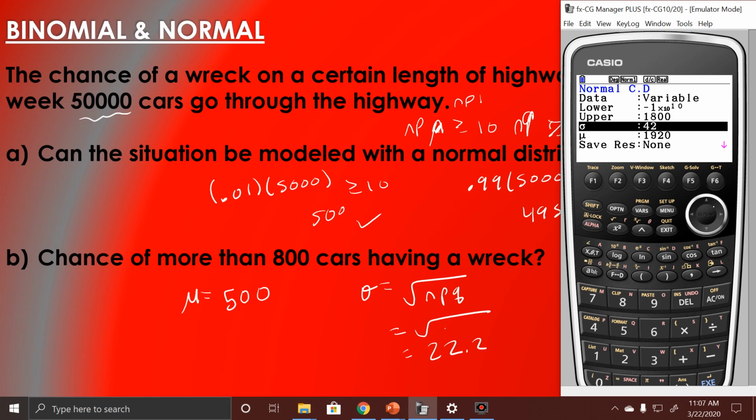Exit this out. So we're going to change this. So we want more than 800 cars. So 800 is the lower bound right here. And our upper bound is going to be 10 to the 10th.